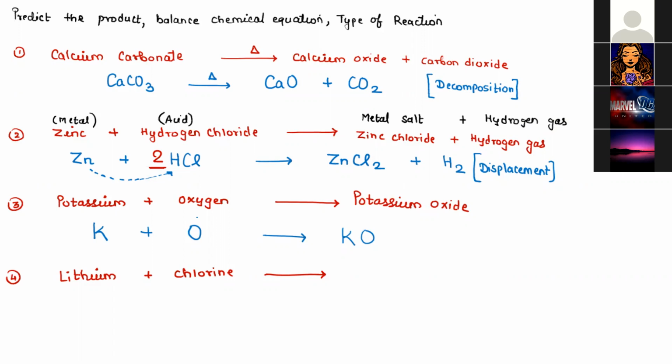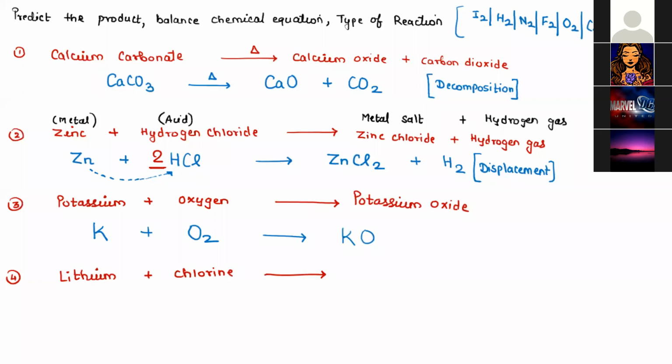You have to write oxygen as O2, because I told you that there are 7 elements which have to be written in diatomic form. They are iodine, hydrogen, nitrogen, fluorine, oxygen, chlorine, and bromine.